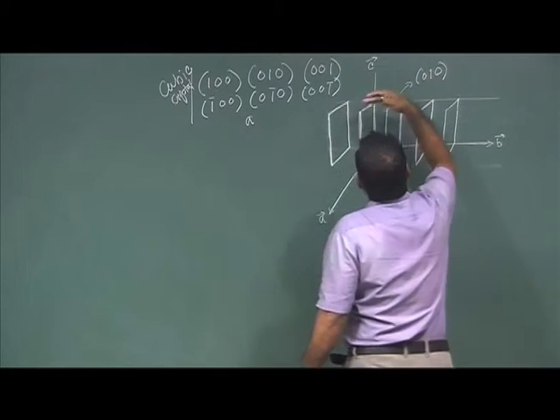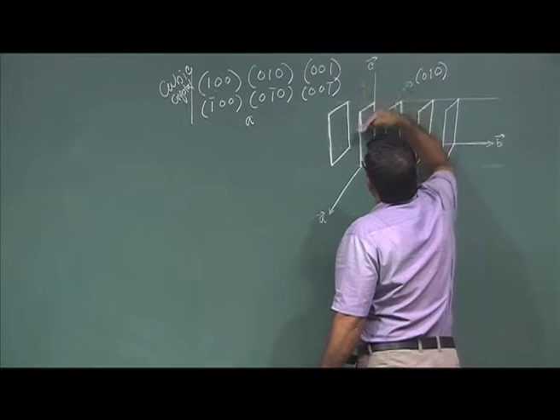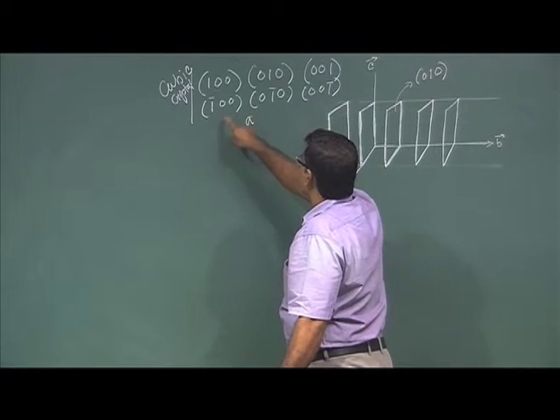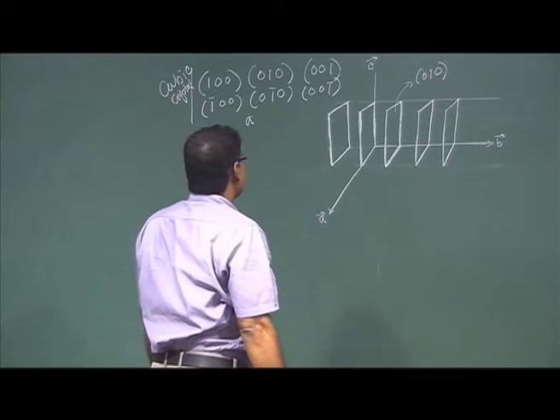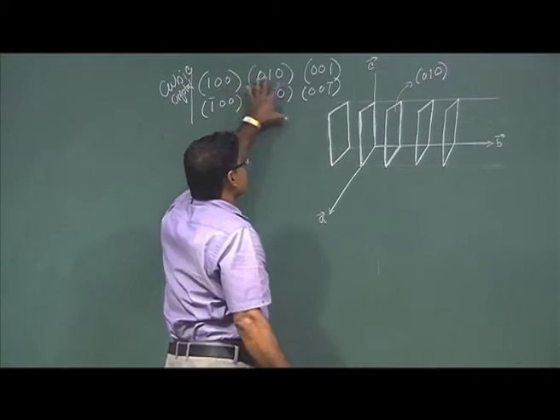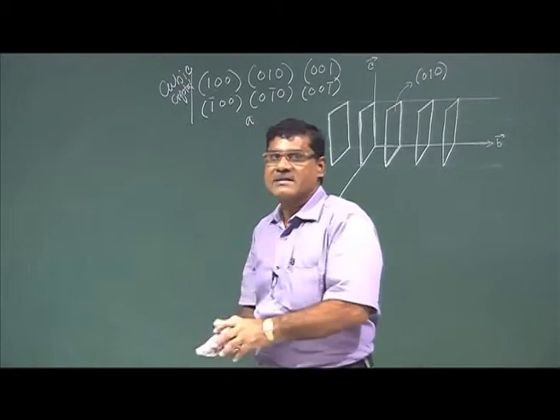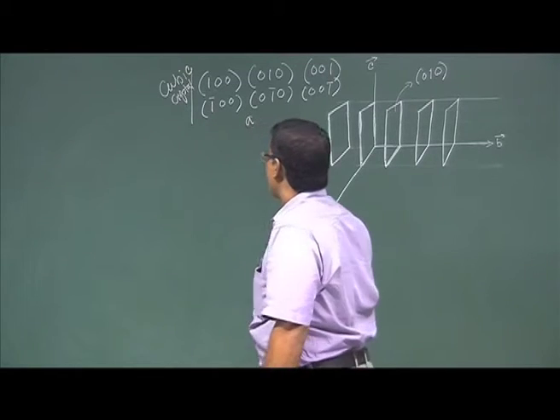Otherwise, if you take planes intersecting the C axis, you will get this plane. So, in all cases this will be the planar distance, and all these planes have the same property.